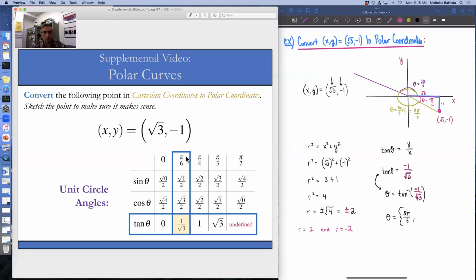So either of those two will work. Let's just, for the time being, use our 11 pi over 6 here.